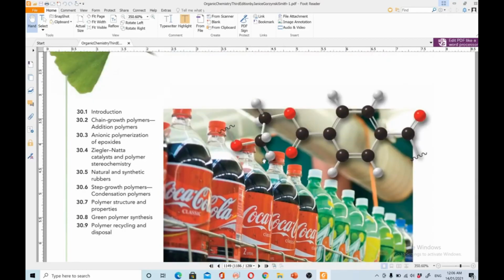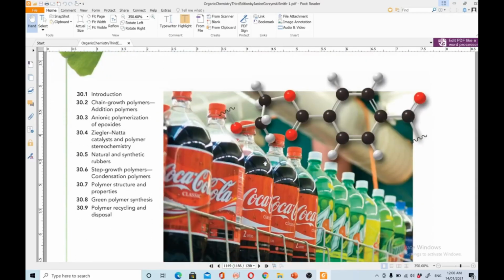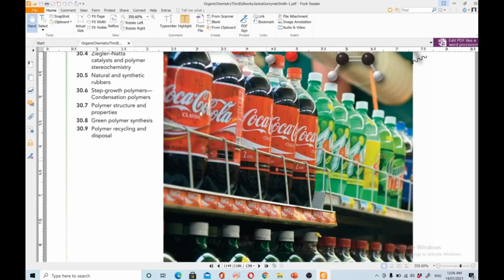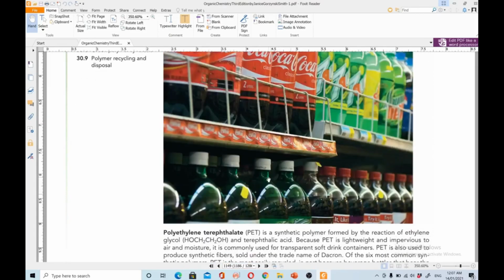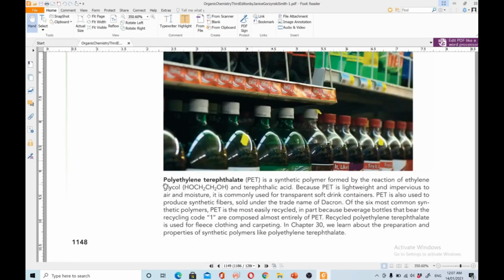So almost everything that you see in commercial products is made up of polymers, like these plastic PPEs and bottles of cold soft drinks. They are all made up of a polymer, polyethylene terephthalate, PET. We call it PET.